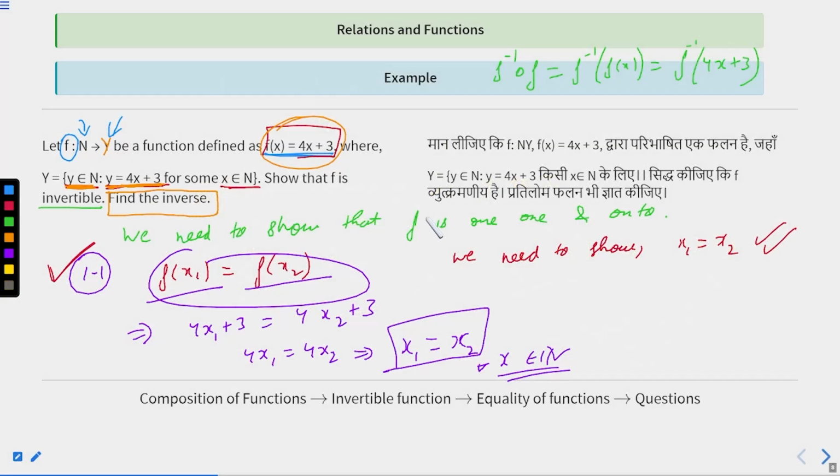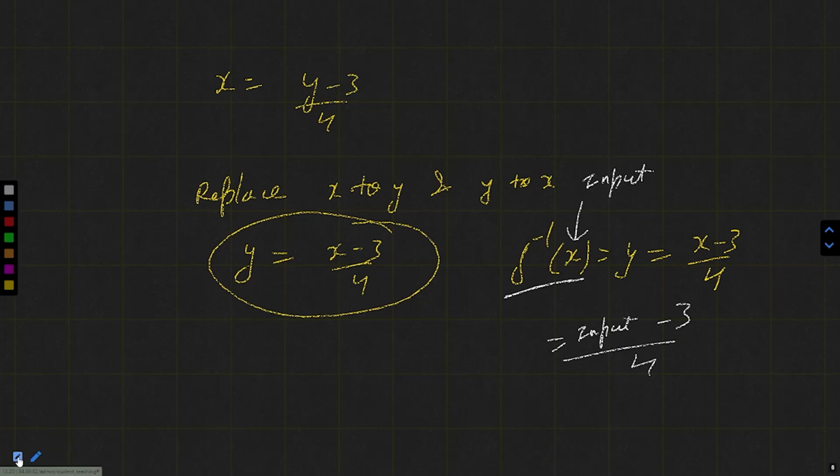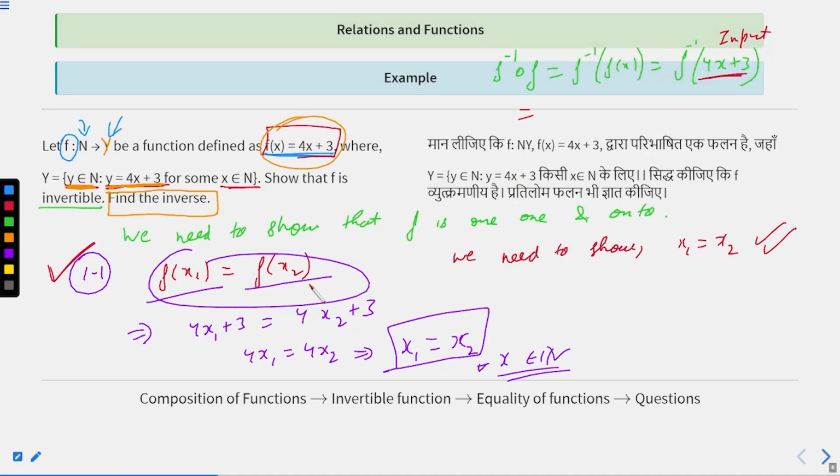So here this is my input, so it will be (4x plus 3 minus 3) by 4. This means the 3s will get cancelled, and 4x by 4 will be x. So as you can see, f inverse of f is the identity in x.